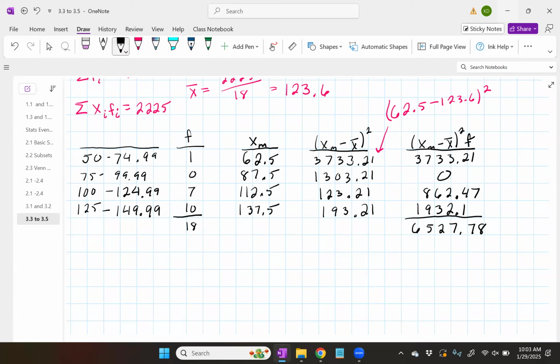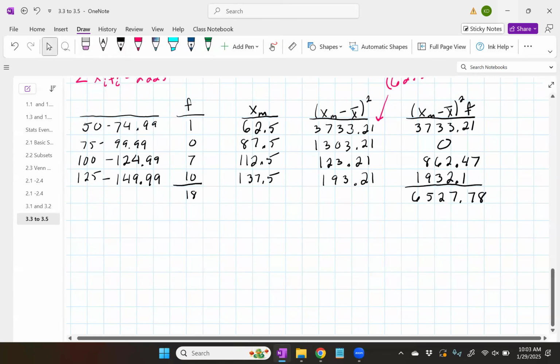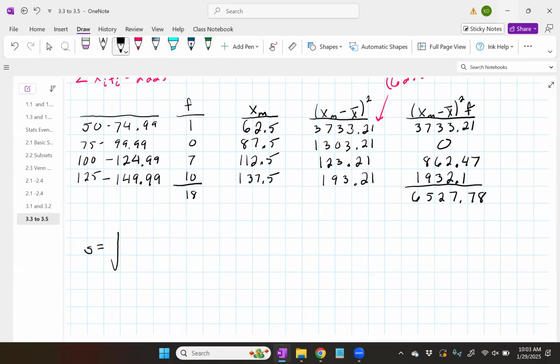I have all I need to fill in my final equation and just calculate it. So my standard deviation is the square root. This big number we just found is on the top, over my frequency minus 1. So getting to this point is the hard part.